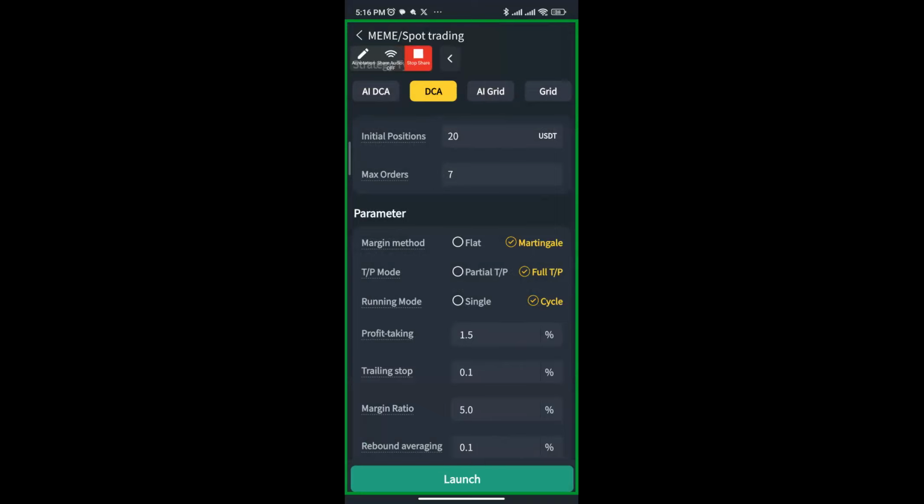You know why? Because the martingale will double your position. This is what the martingale will do for you. So that's why you cannot trade with your $100 on auto. Okay, you want to make more money, use the DCA. So you put your 20 here. This is what martingale does for you. From 20, the next order becomes 40. And what happens to the next order?